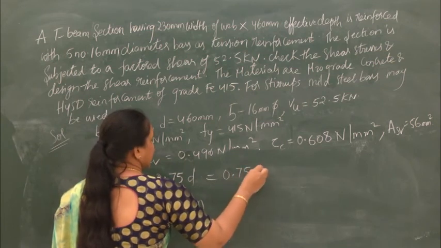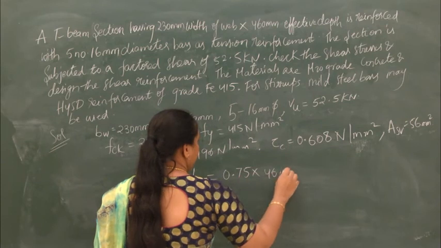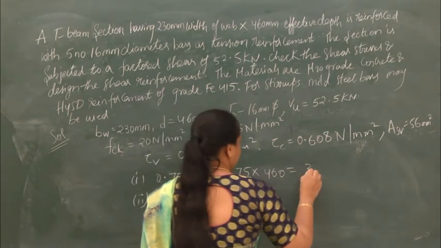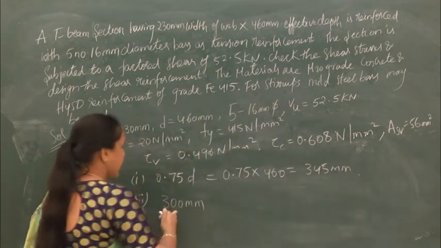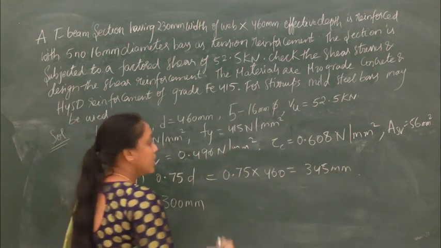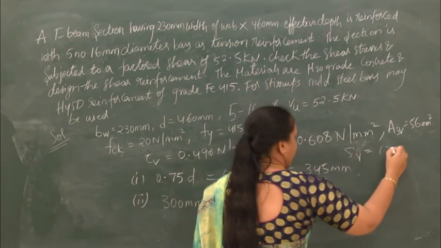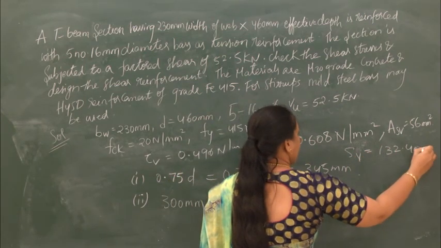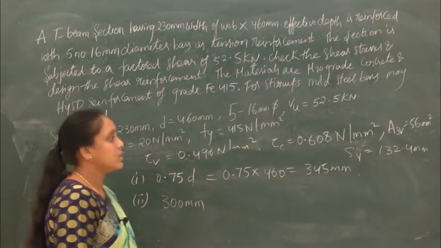It is 0.75 into D. What is D here? D here is 460 mm. So if you solve this, you will get a value of 345 mm. The other one is 300 mm. And what is the previous spacing we got here? We got 132.4 mm.